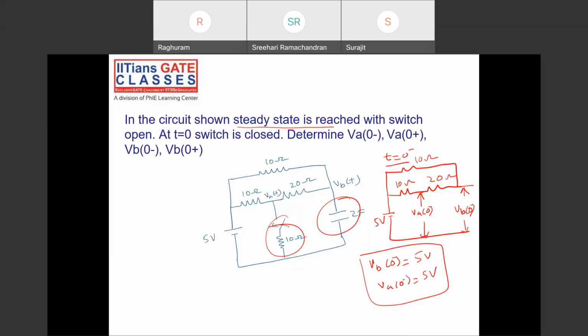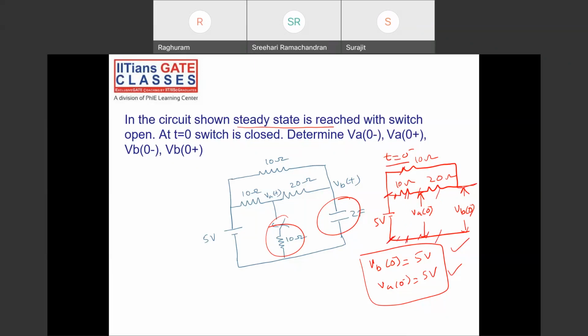No voltage division. Correct. 5 volts will appear because this is an open circuit. Wherever you measure the voltage between these two points, there is no voltage drop. You can measure between any two points, you'll get 5 volts.